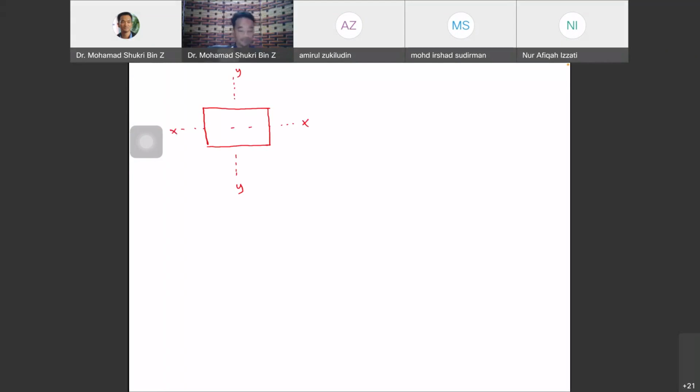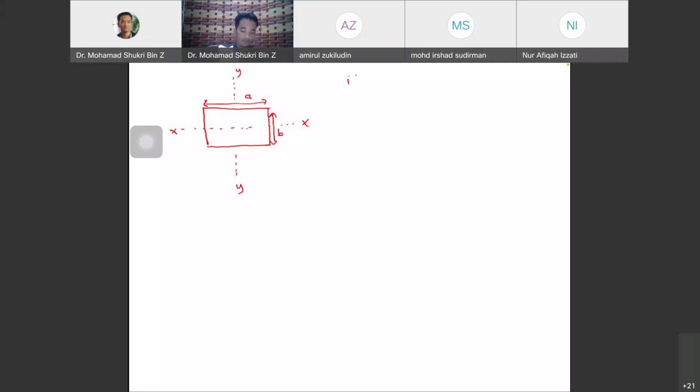And then this is let's say the distance A, and then the distance B. So moment of inertia for this rectangular plate untuk rotate pada paksi X.